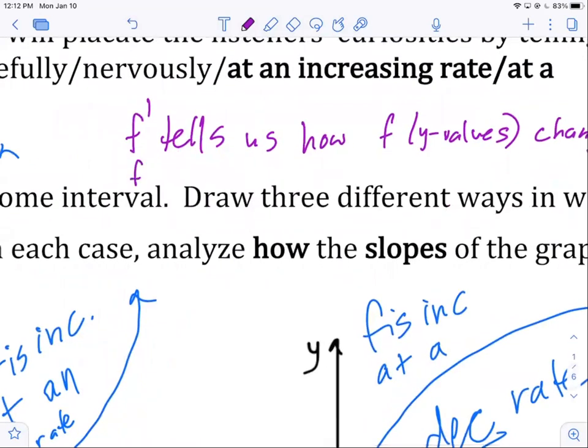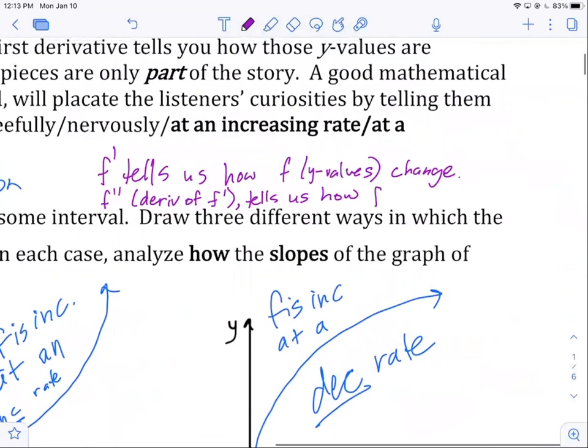Therefore, f double prime, which is the derivative of f prime, tells us how f prime, which are the slopes, change. Right? So f double prime certainly is the second derivative of f, and you'll see that it does give you the curvature of f, but it also tells us how f prime is changing.